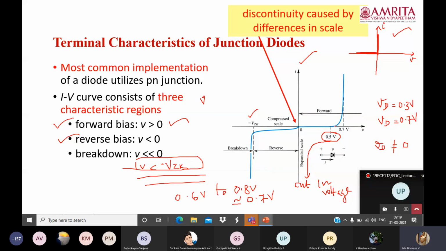After 0.5, the voltage increases and you get a rise in current. When it reaches 0.7 volt, or maximum up to 0.8 or 0.9 volt, after that point, if you still increase the external bias voltage, this voltage remains constant.